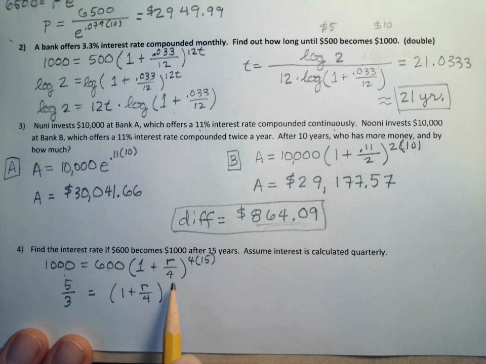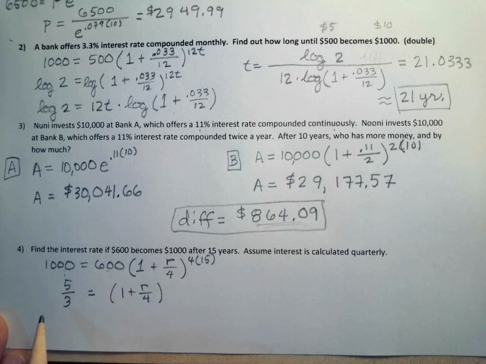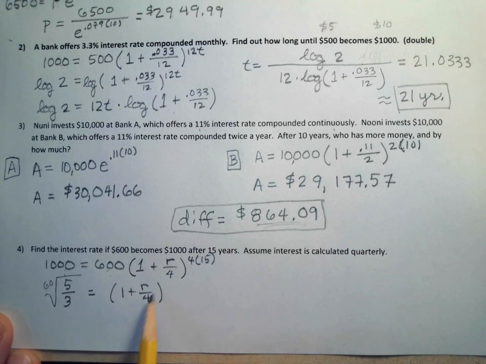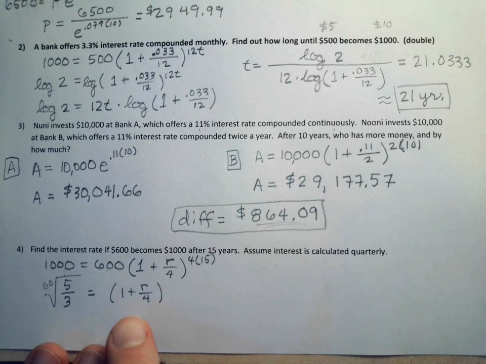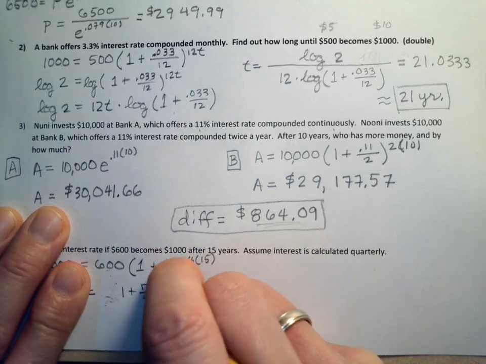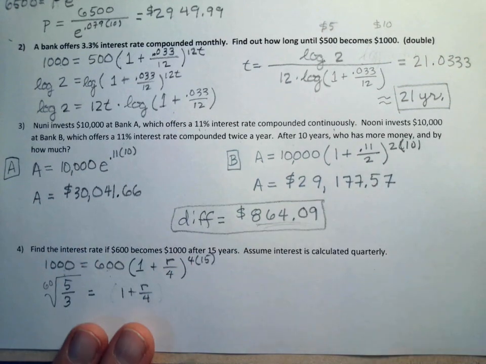So we want to get rid of that. So we raise both sides to the 60th root. So we take the 60th root of 5/3 to get rid of that exponent. And then I guess we don't really need these parentheses since I'm no longer raising it to a power.